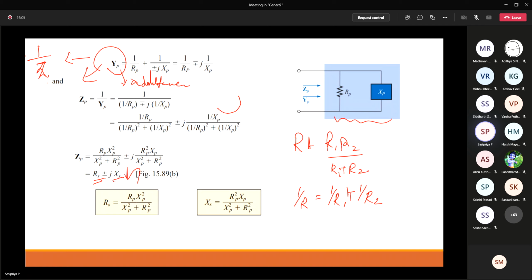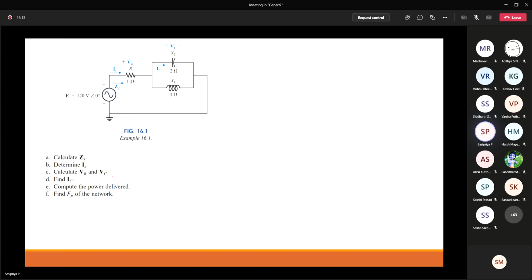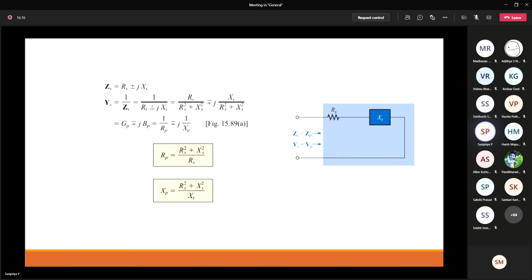When I write it in terms of impedance for a parallel network, it comprises the resistive component plus j into the imaginary component. Now when you have this impedance consisting of R and X in series, as usual for a series network, we just sum the resistance and reactance, so the impedance is R plus jX.